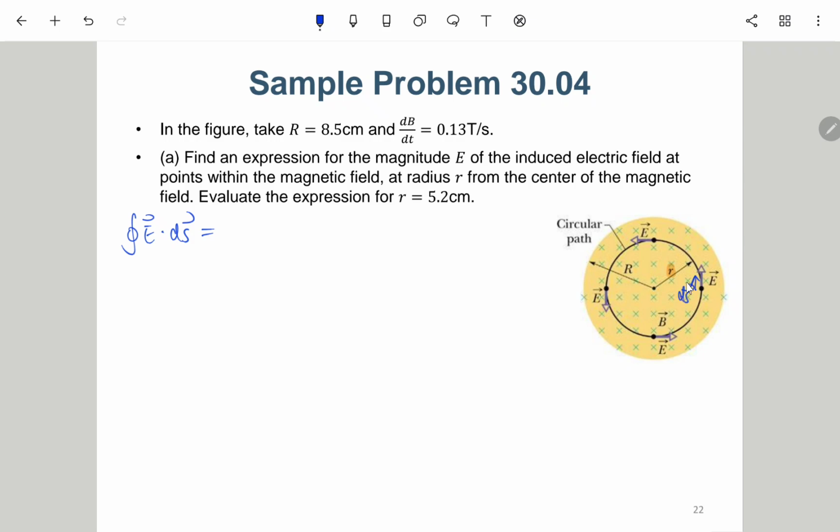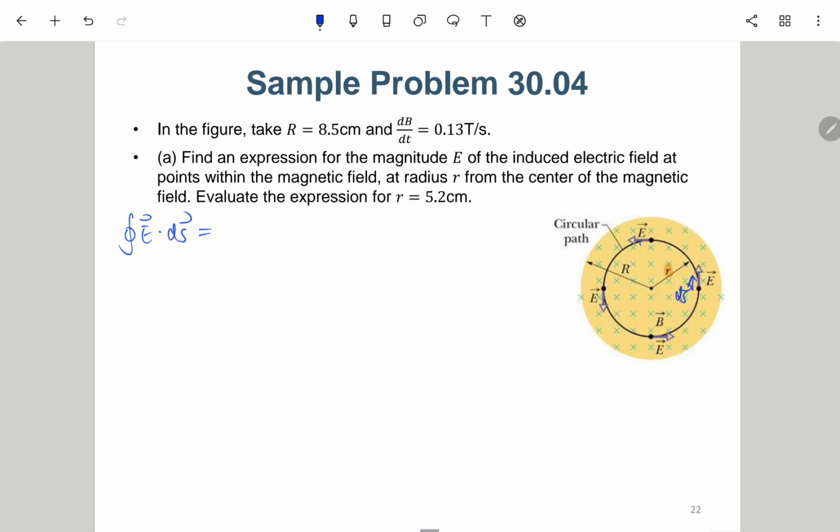Suppose that ds will be like this at this point, and like that at that point. We assume the path is counterclockwise, because we can easily find that the B field is pointing into the page and dB dt is a positive value. So the B induced will be pointing out of the page, and the loop of this E field should be counterclockwise.